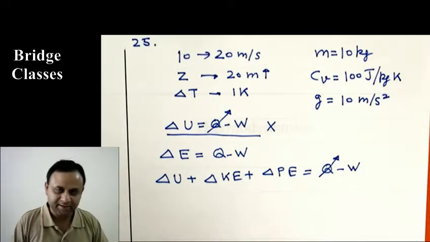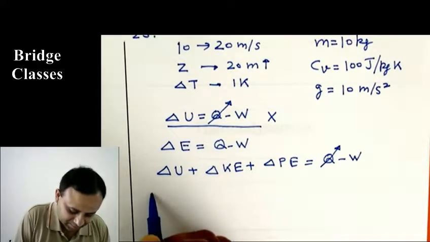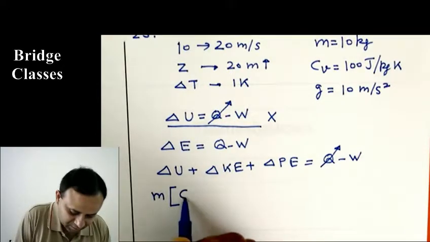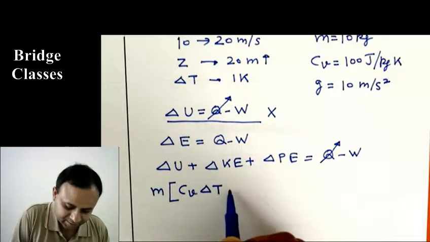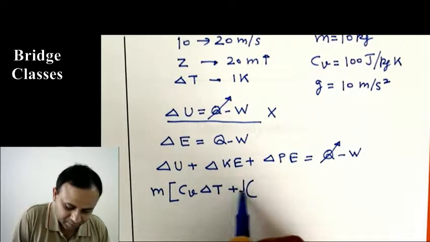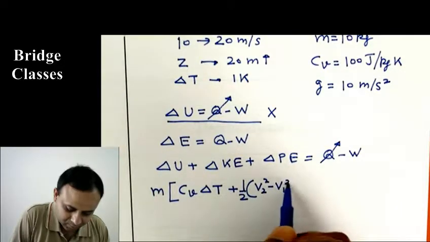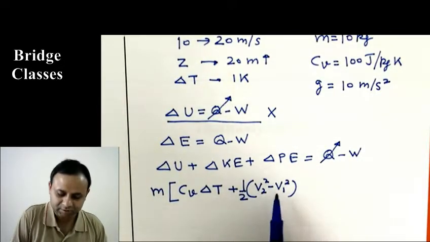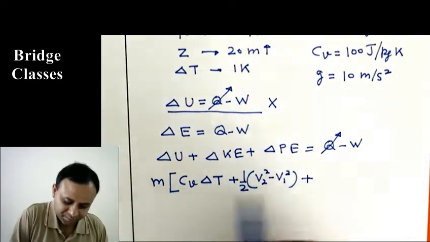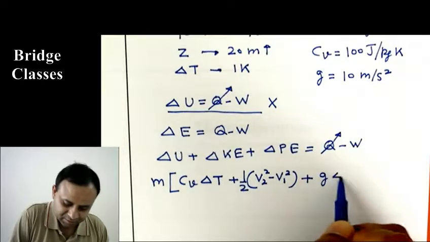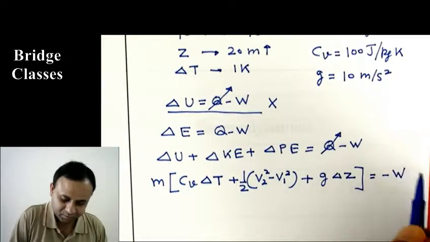So this delta U will be m Cv delta T. And change in kinetic energy will be half m (v2 square minus v1 square). Okay, this is velocity, this is not volume. Plus change in potential energy will be m g times change in elevation, and this equals negative W.